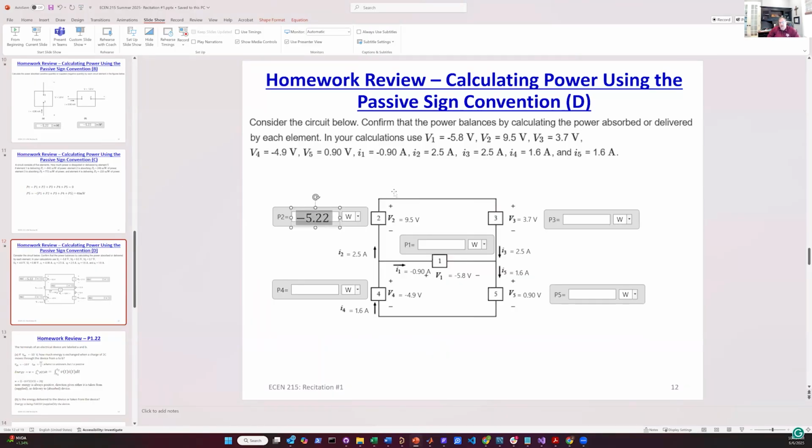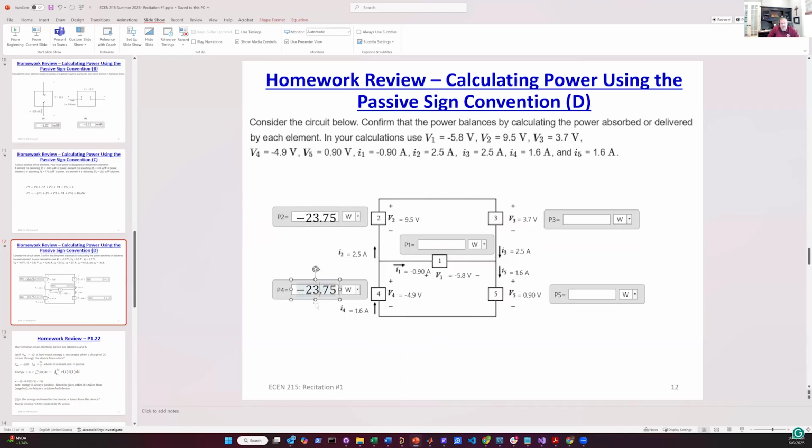So we have this particular element here, positive to negative, is 9.5 volts, but the current is 2.5 amps going from minus to positive. So it's 9.5 times 2.5 negative, and we end up with minus 23.75. So minus 2.5 amps. This one right down here, let me just copy this one.